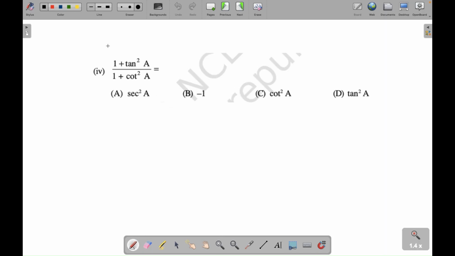Then we have 1 plus tan square A upon 1 plus cot square A. So, I mean, what you can do here is, see, whenever you have 1 plus tan square A, so we know that we can write tan square A as sine square A upon cos square A, right? And then if I take the LCM, so this will come up as sine square A plus cos square A in the numerator, which will eventually become 1.